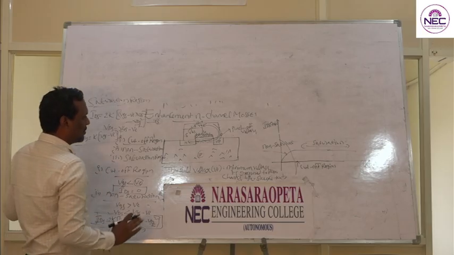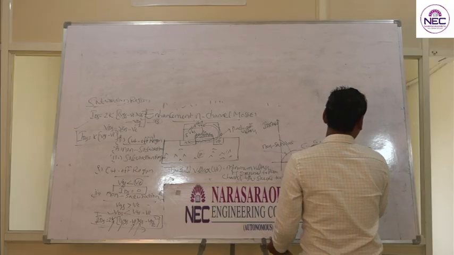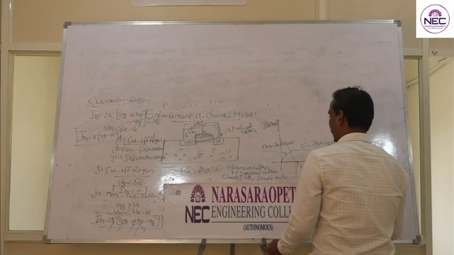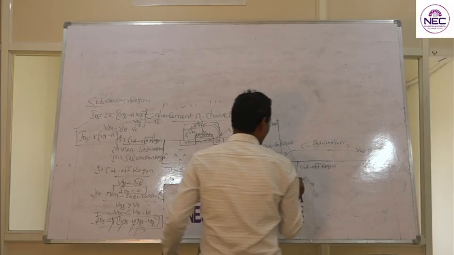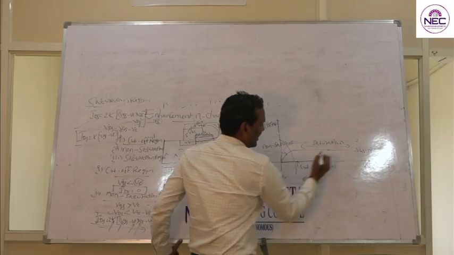Now for this graph, I assume that VGS is fixed at 1 volt. The same thing we can repeat, and we can observe the output characteristics by fixing various VGS values.